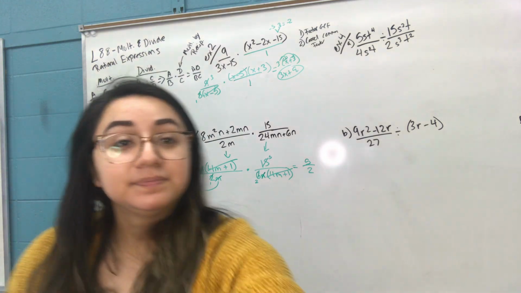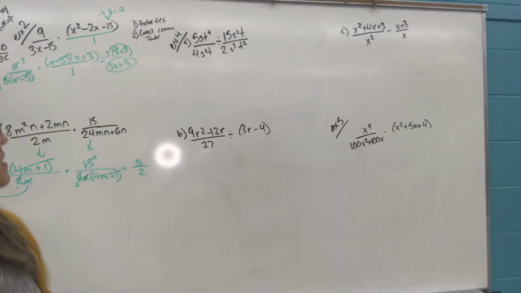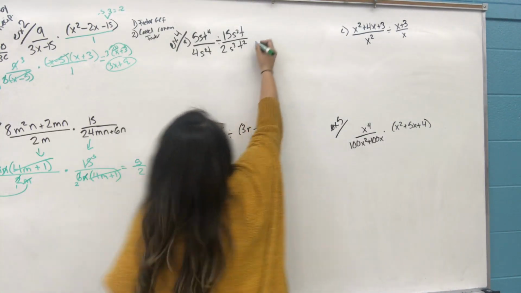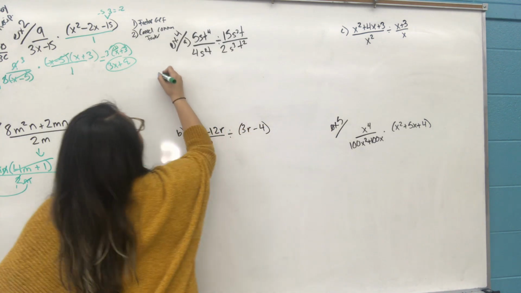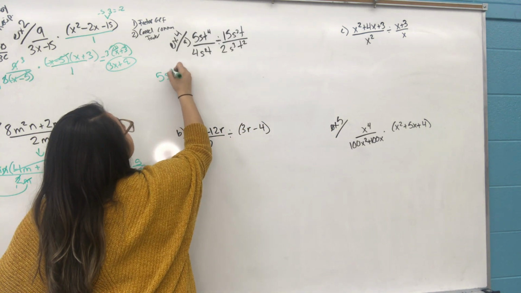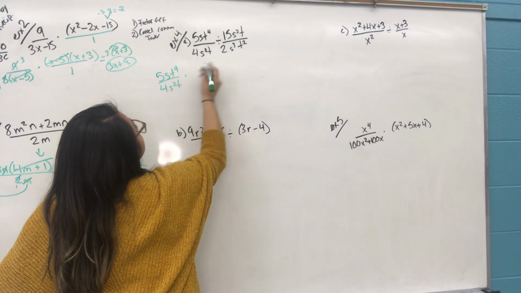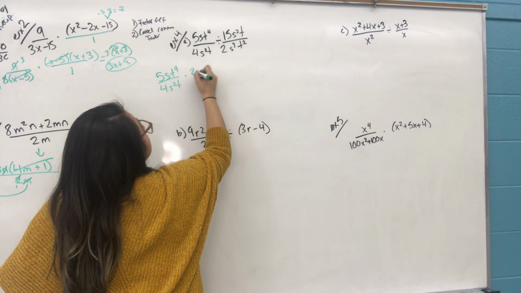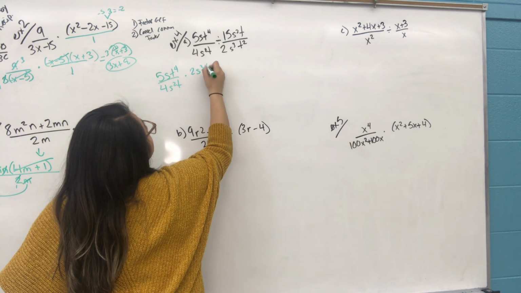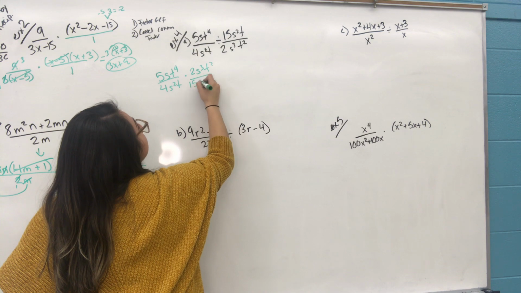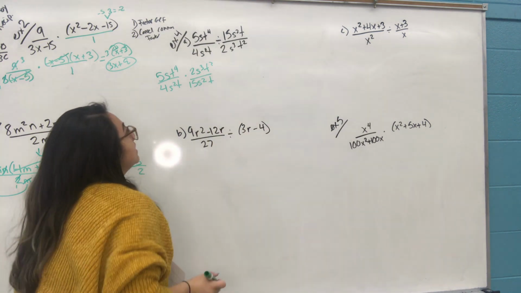Example 4. So we're going to try to speed this up. Now we're dividing. When you're dividing, make sure you are multiplying by the reciprocal. So I'm going to go ahead and flip this. 5st to the 4 over 4s squared t, times, you flip it. So now your denominator is up here, and your numerator is on the bottom. Now multiplying.